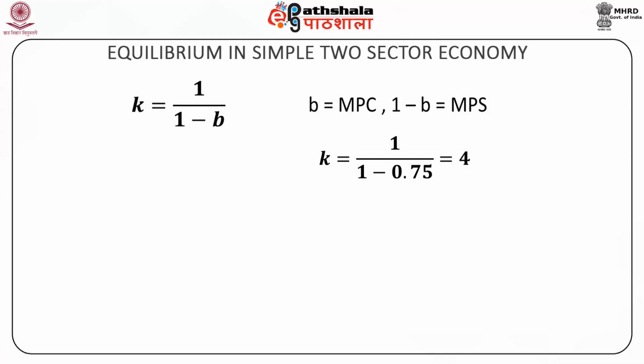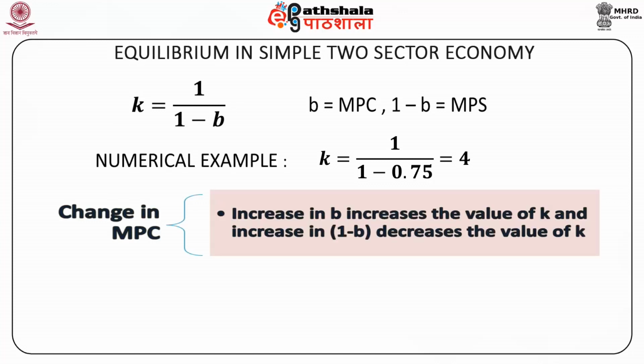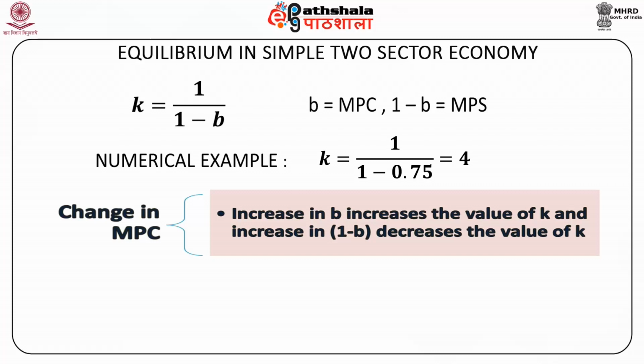There are 2 points to remember in case of a multiplier. First, an increase in B or MPC increases the value of the multiplier. This is so because a higher B implies a higher level of additional consumption in the economy from an increase in income.